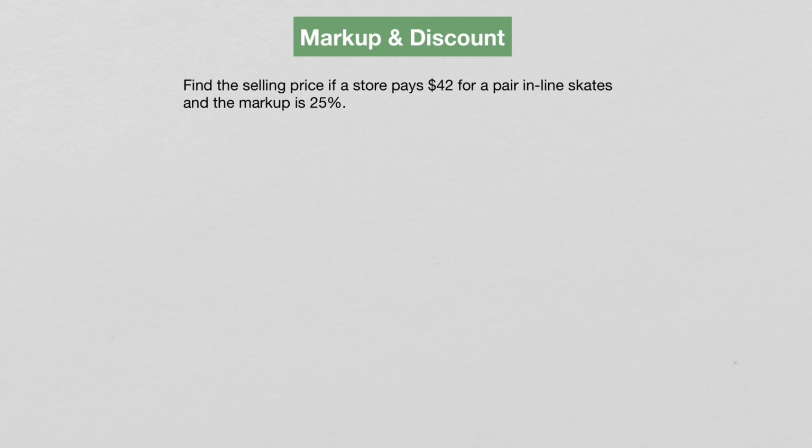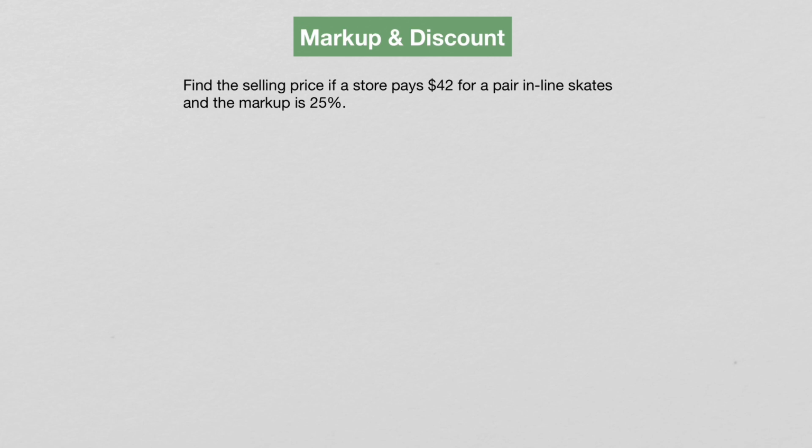Okay, so in this problem, you are to find the selling price if a store pays $42 for a pair of inline skates, and the markup is 25%. So the first thing to do is to really understand what the problem is asking you. So the problem tells you that the store pays $42 for the skates.